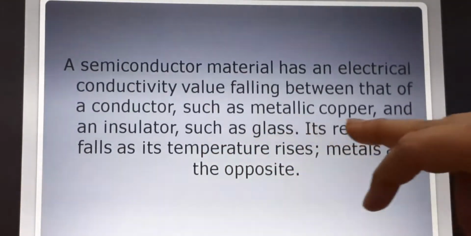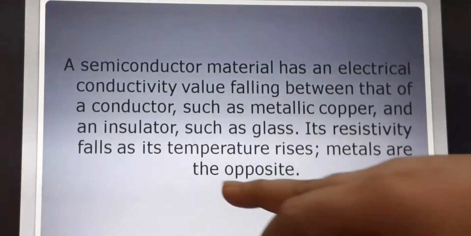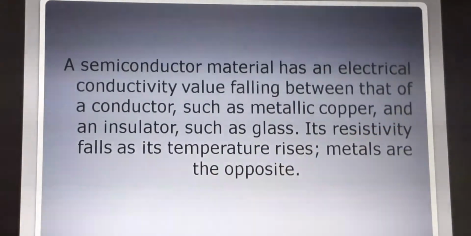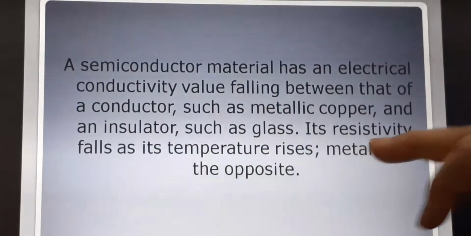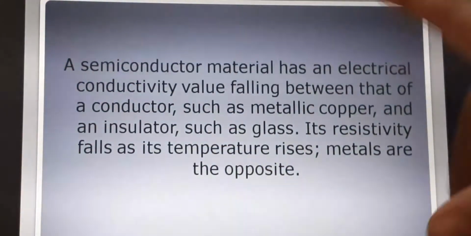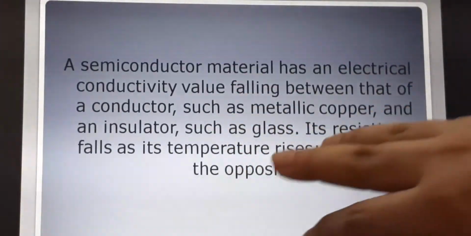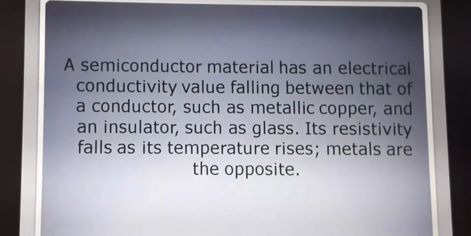This is only in the case of semiconductors, and in the case of metals the whole thing is opposite. Metals means conductors. So this is the total electrical conductivity value and characteristics of a semiconductor.